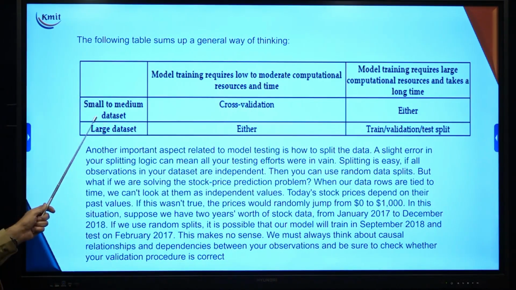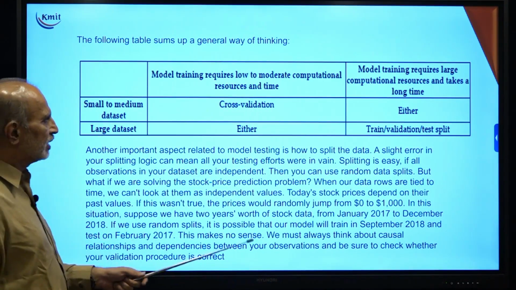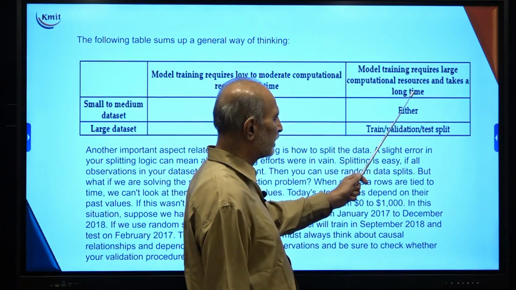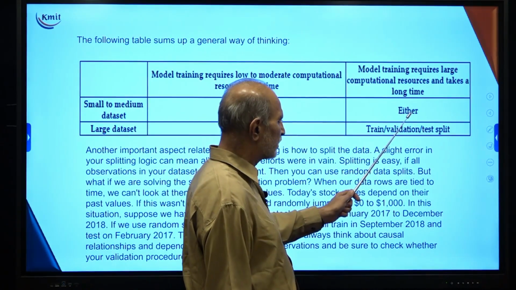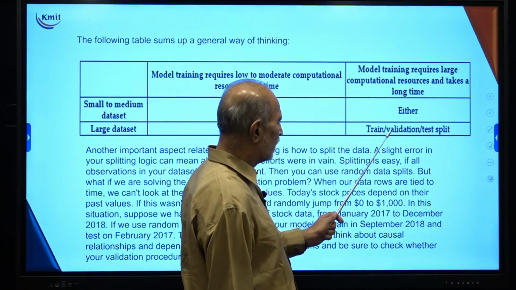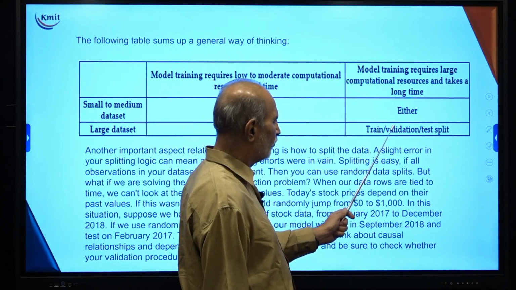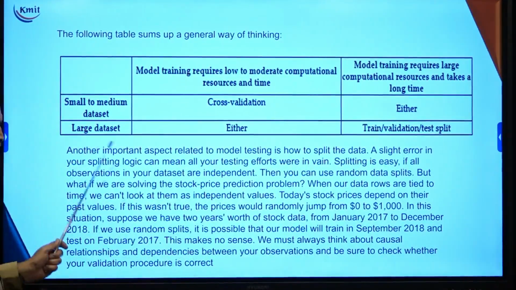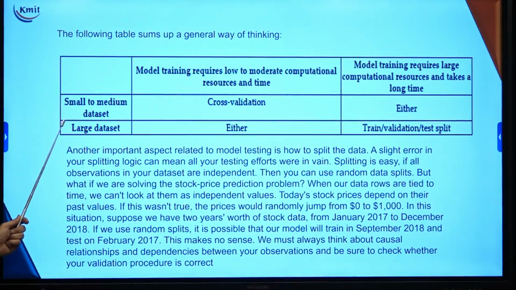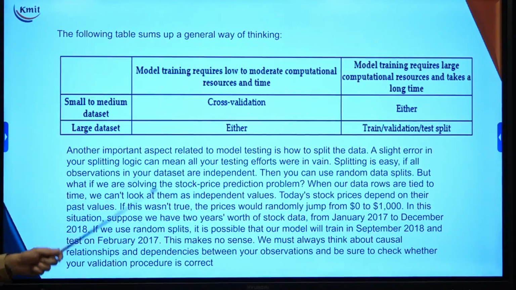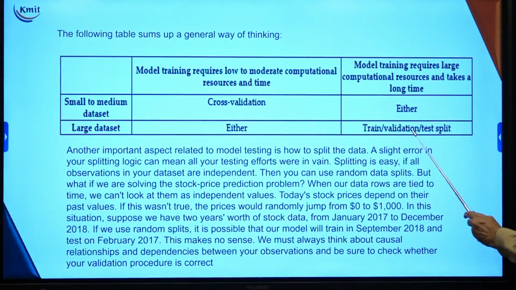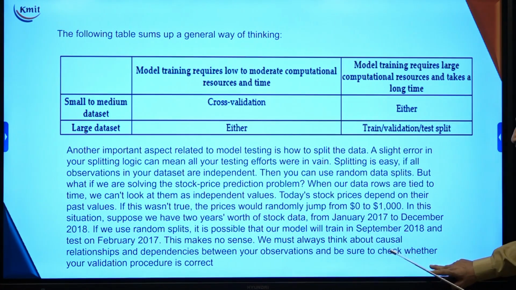If the data set is very large, then model training requires a lot of computational resources and takes a longer time. So, either you can use a validation technique, or else you go for a train, validation and test 3 split. Normally we go for this with a larger data set, or in the case of my deep neural network where the data set is very large, I will go with the 3 parts: training data, validation data and testing data. So, this is how we do it for our work.